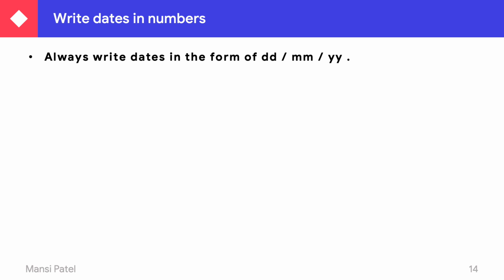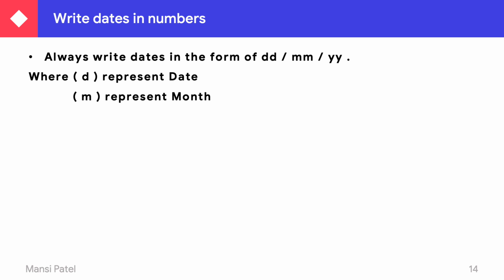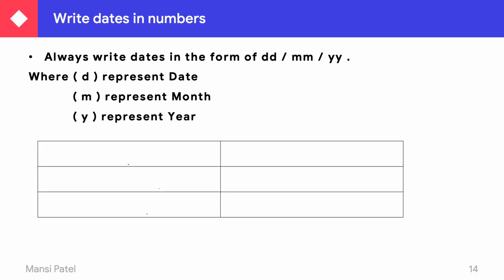Mm means you have to write the month in 2 digits, and again slash, YY means you have to write the last 2 digits of the year. So here D represents date, M represents month and Y represents year.